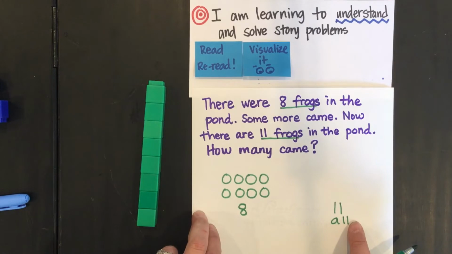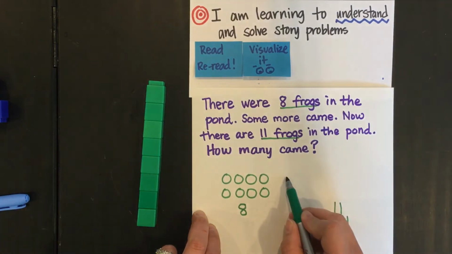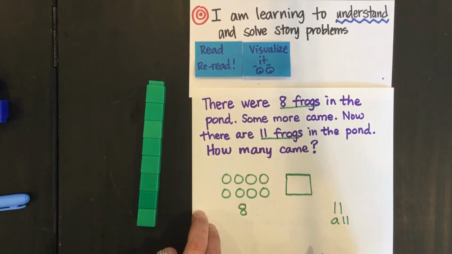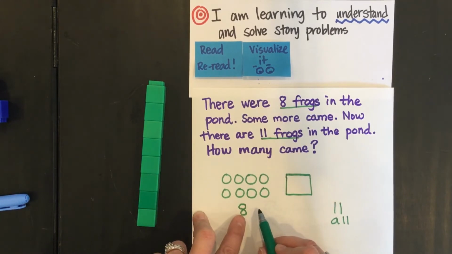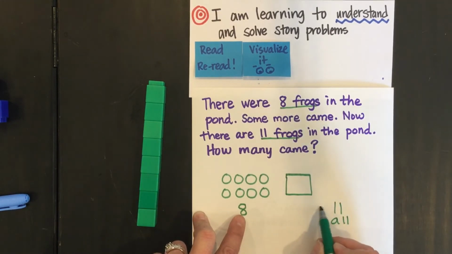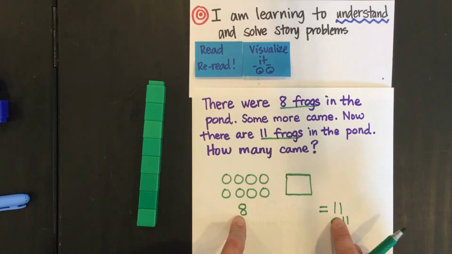So I'm thinking that I could put a box here to represent the pond and some more are going to come joining it. So now I'm thinking if there were 8 and some more came to make a total of 11, I have to think about, what could I do? Am I going to add to solve this problem? Am I going to subtract to find this problem?